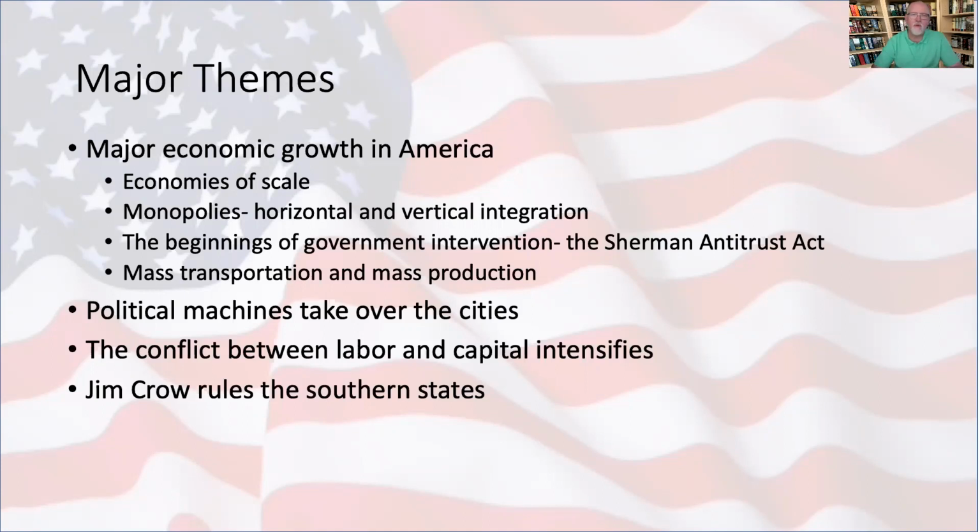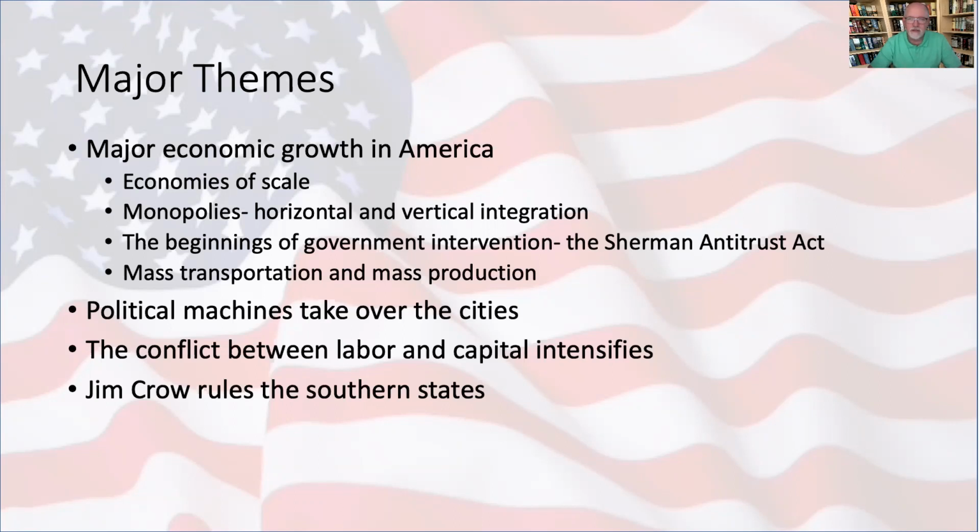Along with this, we see the beginnings of what we would call industrial titans in steel, oil, and railroads, where we see the beginning of some economic theories, such as economies of scale, where you have these companies that produce commodities, like petroleum, another new industry that comes online, but they're able to produce enough of the product that they can turn a profit.